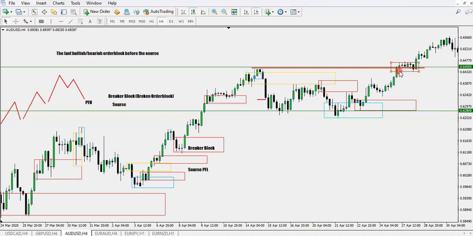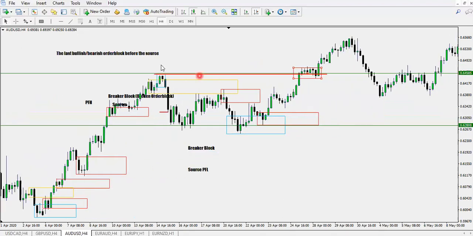So we can expect some sort of hesitation and wait for price to continue upwards, based on the fact that it broke our source and it hasn't gone lower. So it's at an institutional level, and the institutions will then look to buy the price up again.